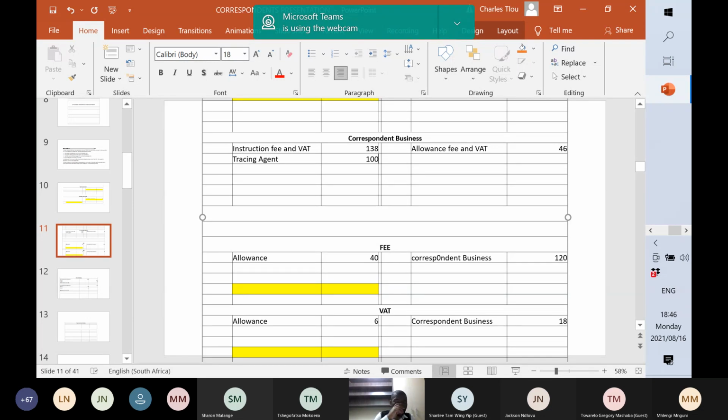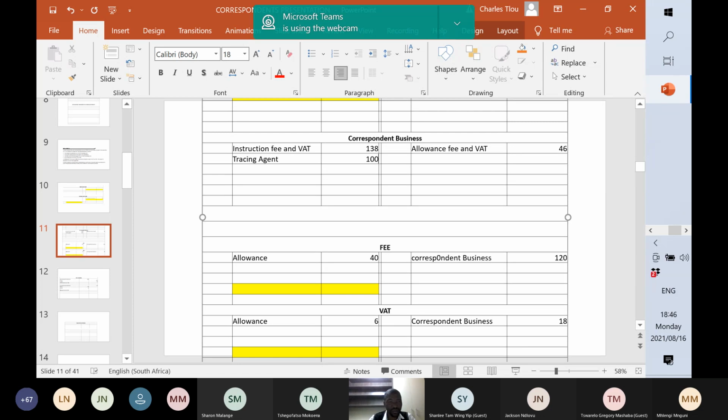Because it's a disbursement, you only debit the correspondent business, and then you credit your business cash book. That's all you do. No allowances on the disbursement. Simple as that.